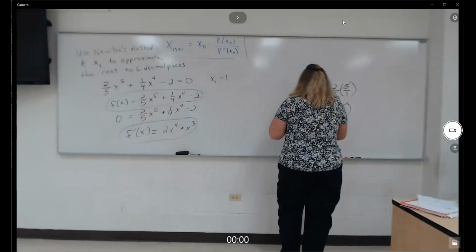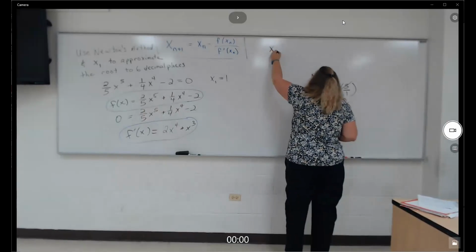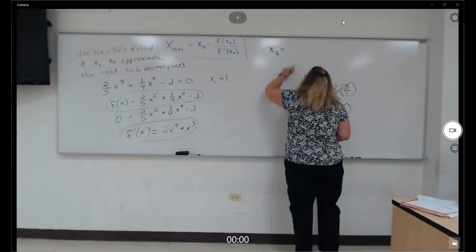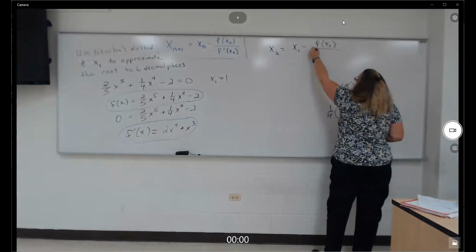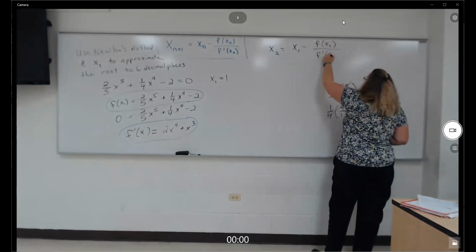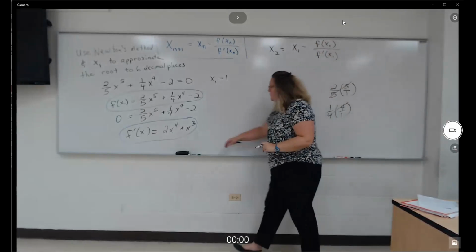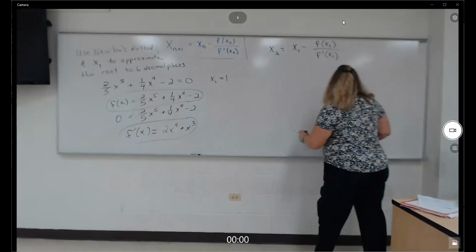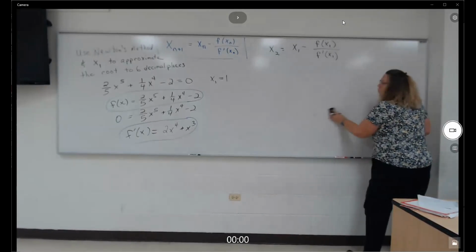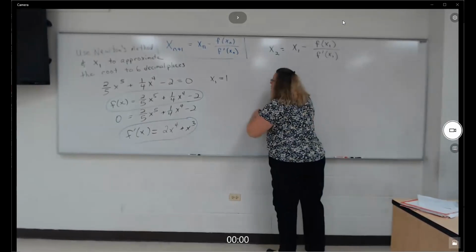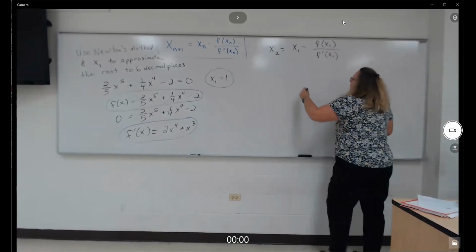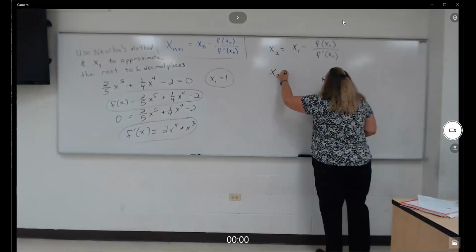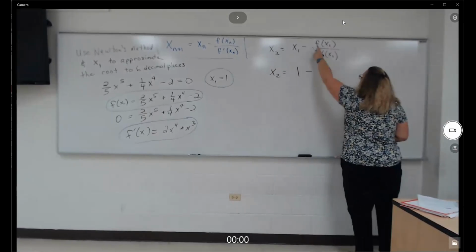Now, the first one isn't too bad. We're going to find x sub 2, and we're going to do that by doing x sub 1 minus f of x sub 1 divided by the derivative. And what is x sub 1? 1. So that's kind of cool too. Yeah, and that's what they gave us. So x sub 2 equals 1 minus, did I erase it?